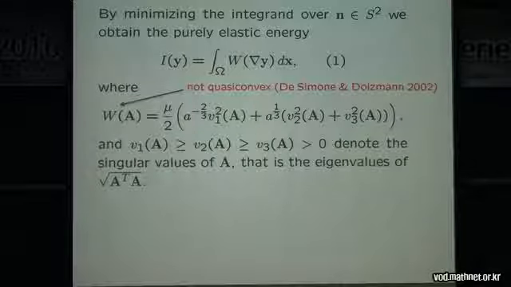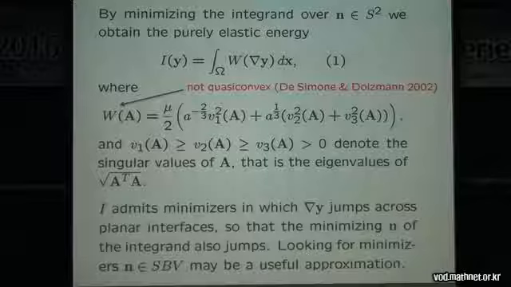And that's why you get the layers. Well, since we know that the gradient of y is going to jump across these planar interfaces, that suggests that the minimizing n would also jump across those interfaces to a good approximation. So maybe it would be a good idea to look for solutions here in SBV.